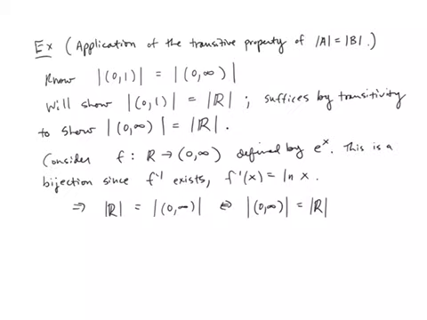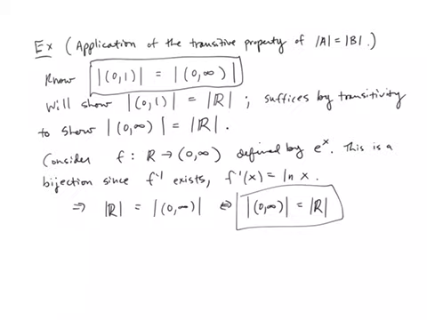And that was what we were trying to show, because now, since the cardinality of 0 to infinity is equal to the cardinality of R, you can combine this with what we already know, and just concatenate those with transitivity, and then we see that indeed, the interval from 0 to 1 has the same cardinality as the interval of all of the real numbers.